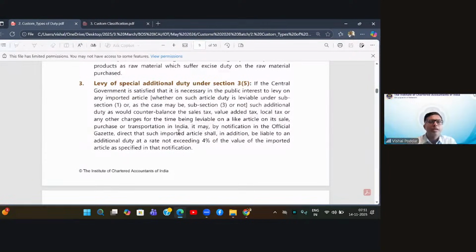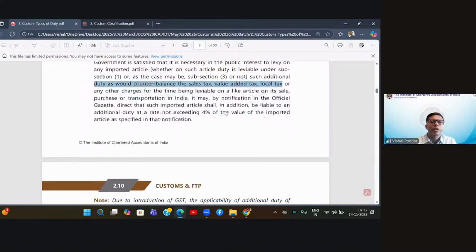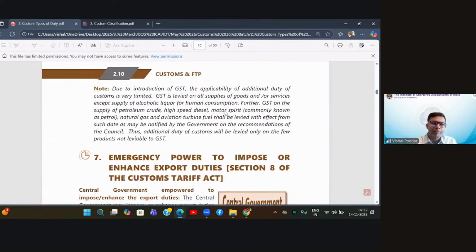Then we had 3.5. 3.5 was dealing with what? 3.5 was dealing with VAT. So this duty was charged to counterbalance the local taxes of sales tax, VAT, then other local taxes like octroi. So all these local taxes which are leviable in India were recovered by the customs authority as a special additional duty under section 3.5 of the Customs Tariff Act.